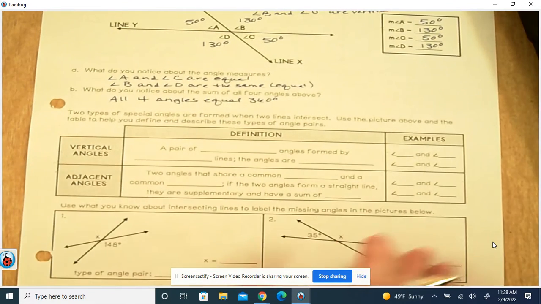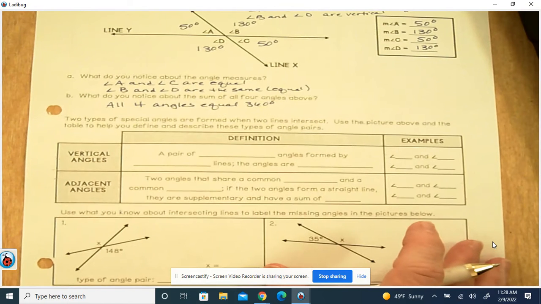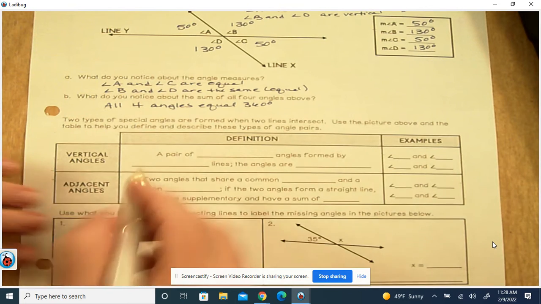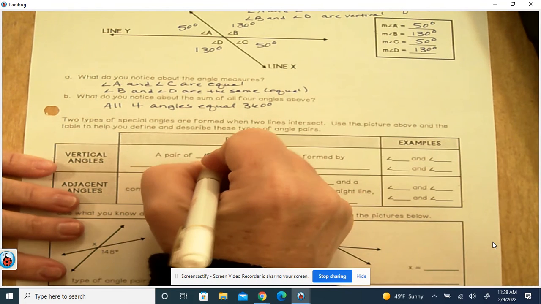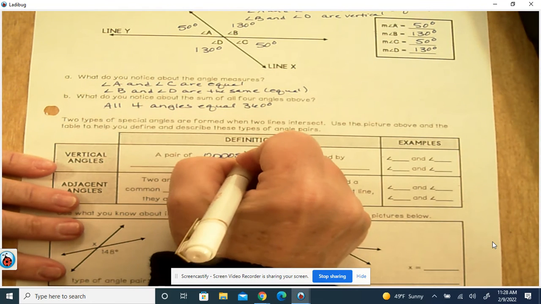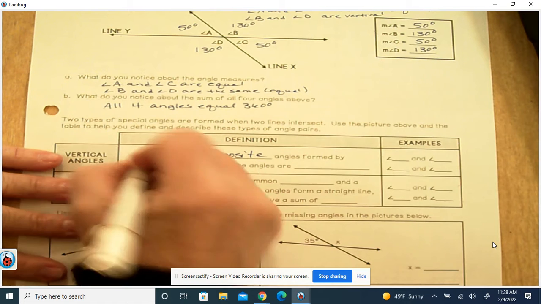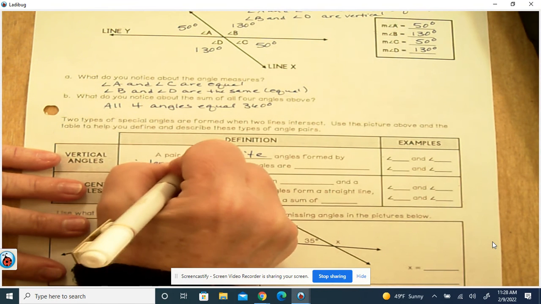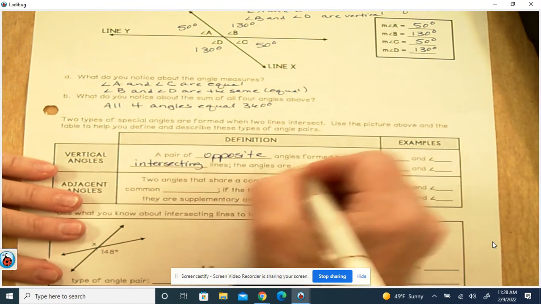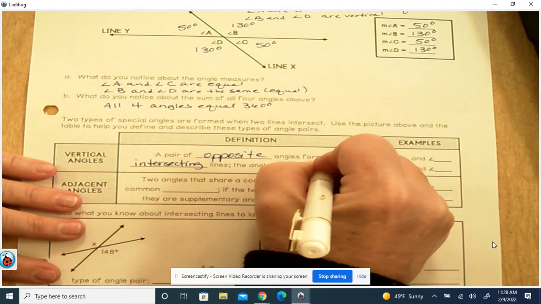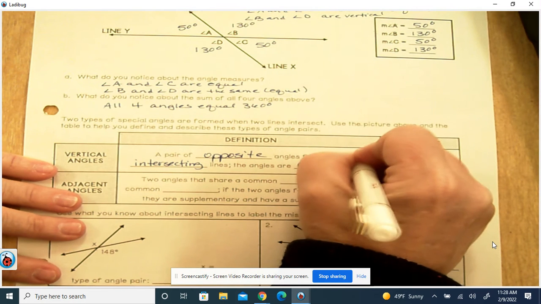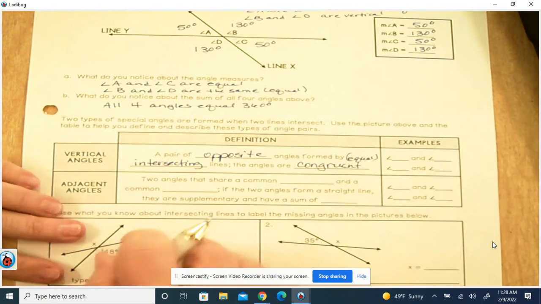All right. Two types of special angles are formed when two lines intersect. Use the picture above and table to help you define and describe these types of angle pairs. Vertical angles are a pair of opposite angles formed by intersecting lines and are congruent, which means they're equal.